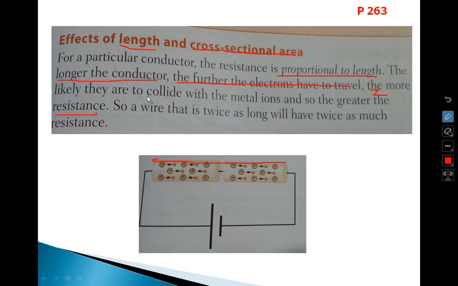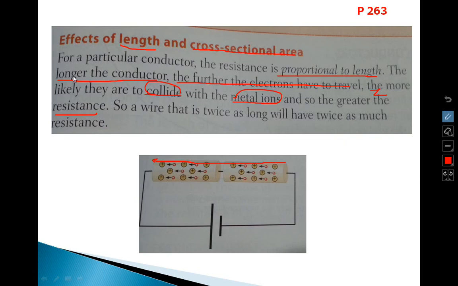Why? Because they collide with metal ions. Because of collisions with metal ions, the resistance will be greater.